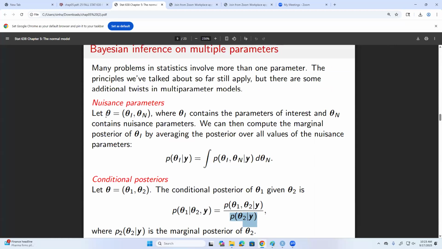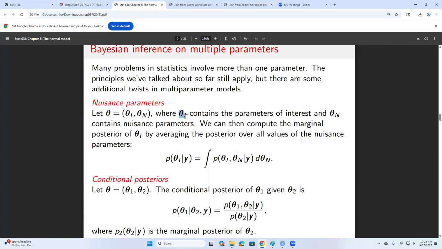A related concept, when we have a nuisance parameter: suppose theta I is the parameter of interest, theta n is not of my interest. So what should we do when we specify the prior distribution? Should we just specify the prior for theta I and not specify anything for theta n? No, that is not possible.